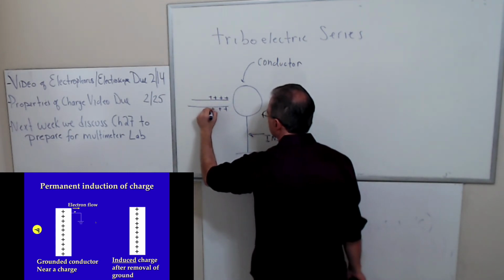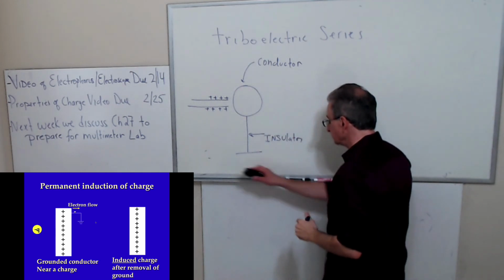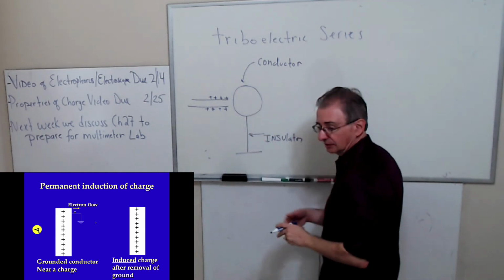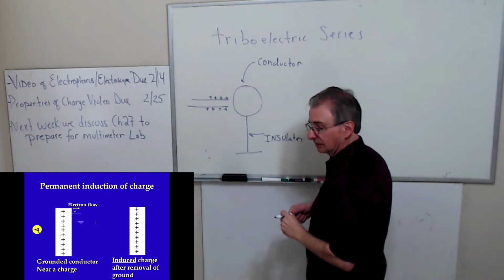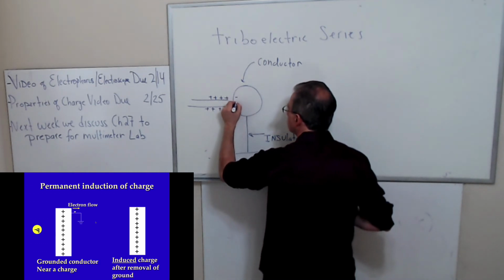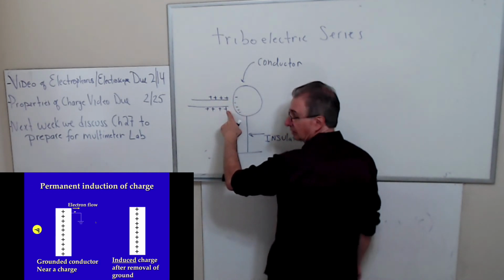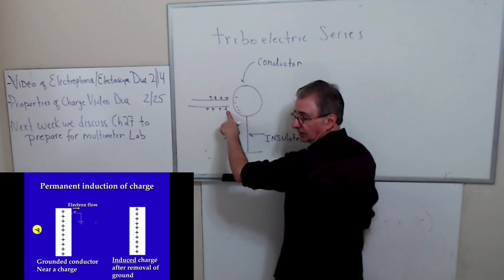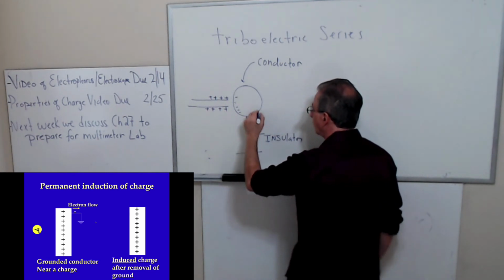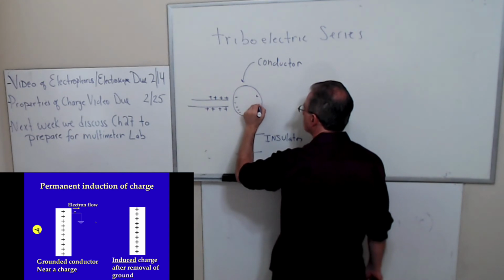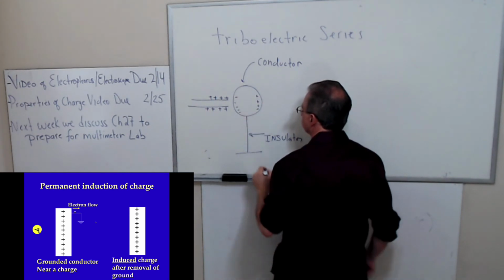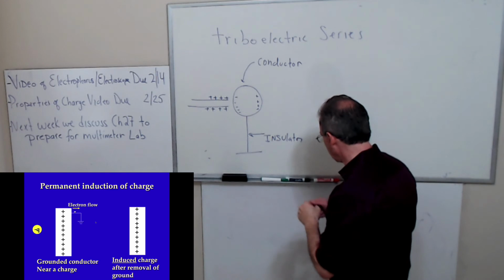Just to be different. Of course, what's going to happen? Well, the electrons are going to come towards the side that's nearest the positively charged rod, and then this side will be positively charged. Because remember, only the electrons can move around.